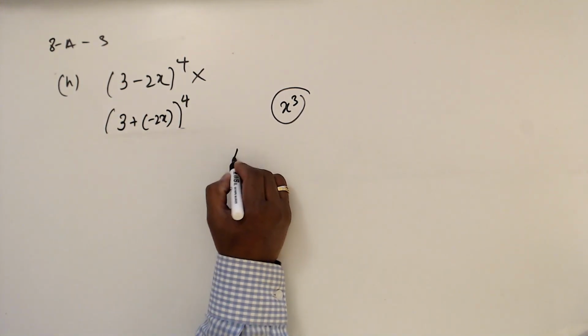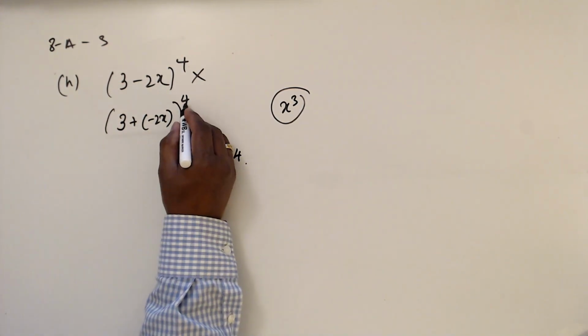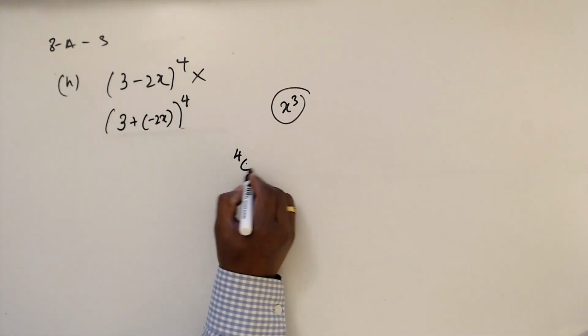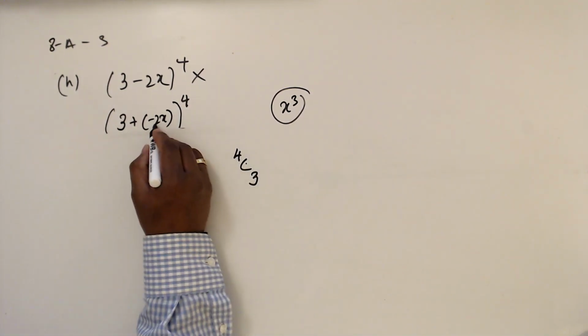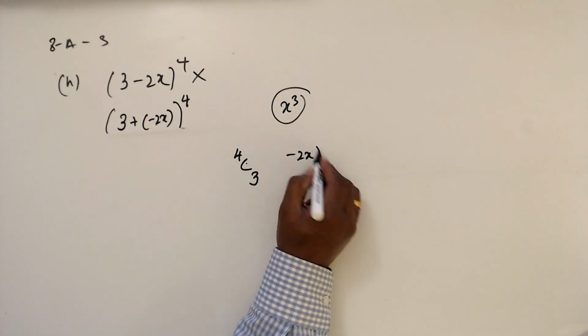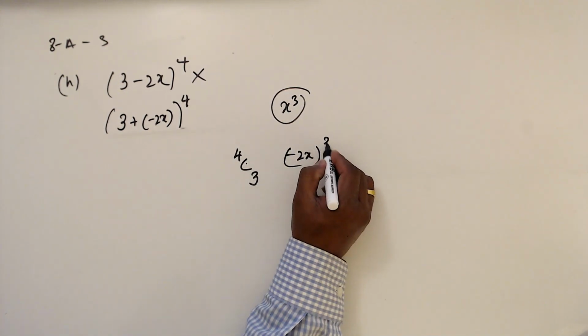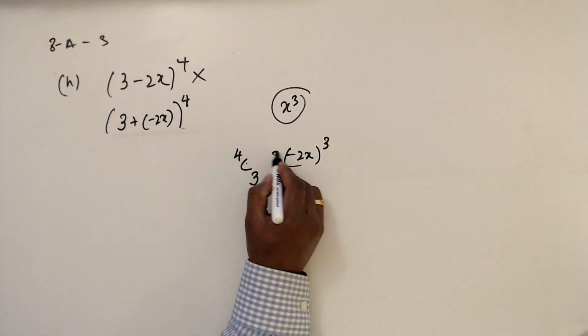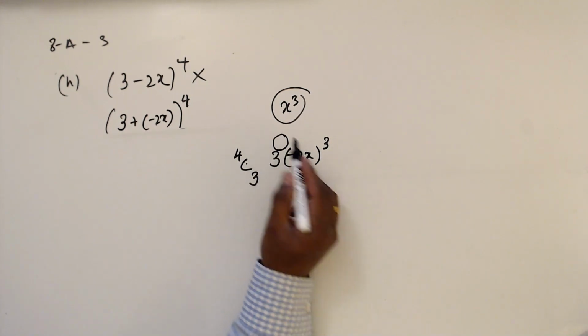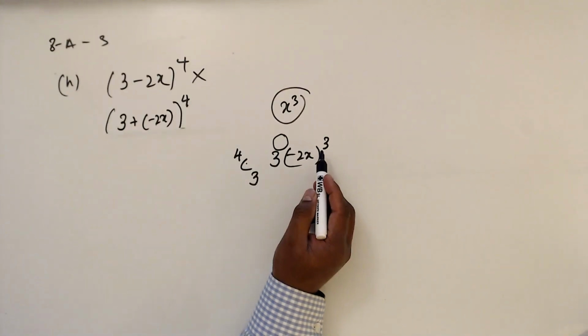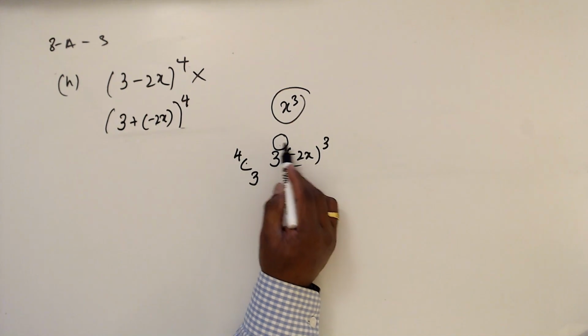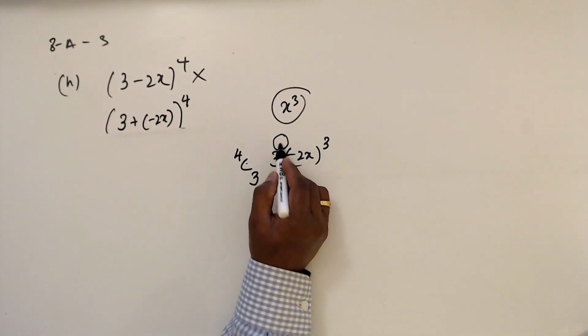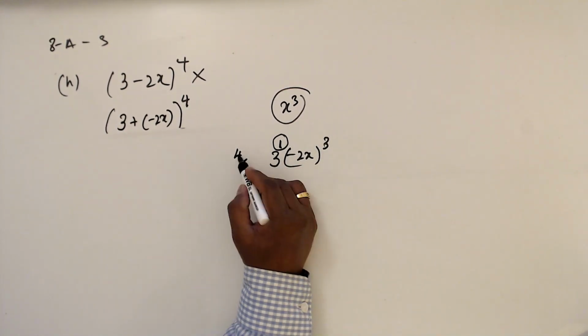We will get 4, I took 4 because of 4 power C3, then minus 2x power 3, and the other power: when you add those two numbers, it has to be 4, so this has to be 1. 3 plus 1 is 4.